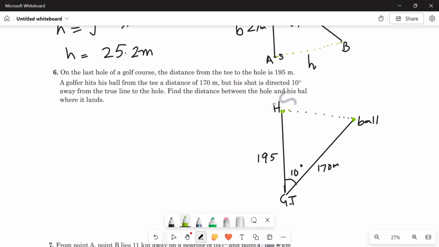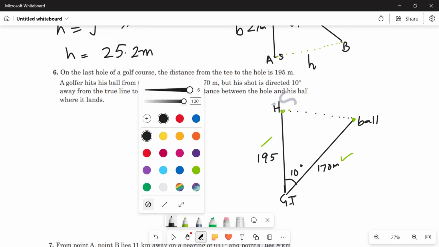Okay, now everything is clear. We have a triangle, this side length given, this side length given, and also the angle between these two sides is given, so we can easily apply cosine rule.